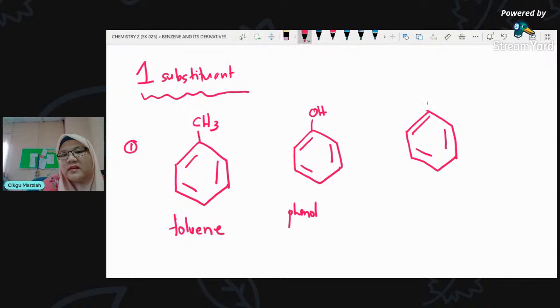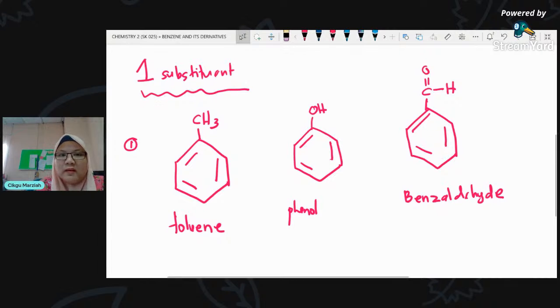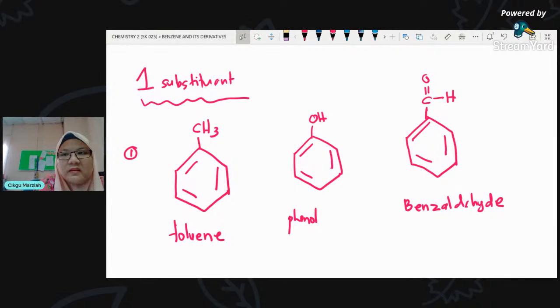if we have a benzene and then we have C double bond OH. So this one nama dia benzaldehyde. Okay, saya rasa dalam nota pun ada, tapi kita salin balik pun lagi okey. Okay, number 3 is benzaldehyde.